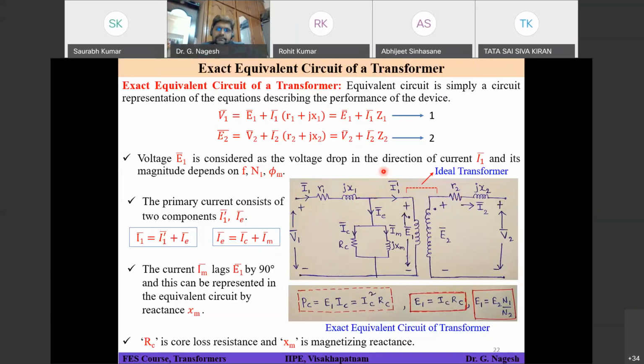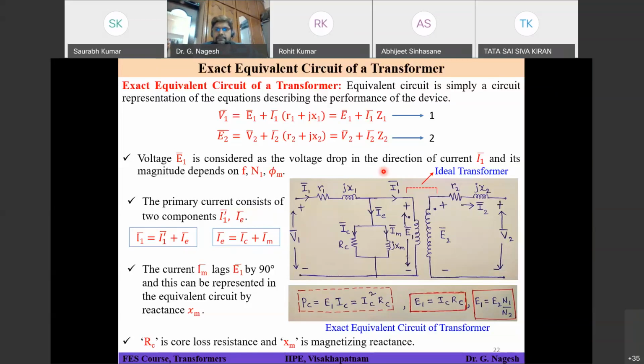Okay. Sir, one doubt. Are we shifting all parameters from the side of a higher potential to the side of lower potential, sir? It is not like that. You can transfer to any winding. All the secondaries can be transferred to primary, or all the primaries can be transferred to secondary. No issue.